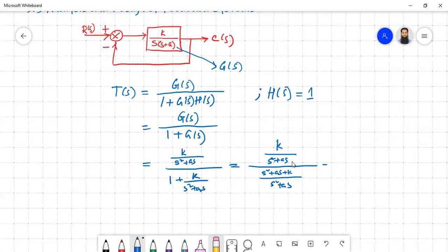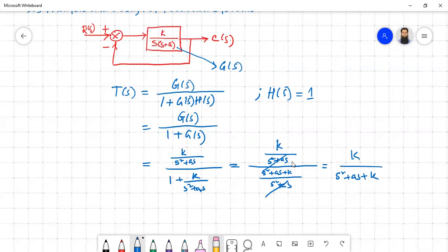You can cancel the common factors from both the numerator and the denominator. What we get is K by S squared plus AS plus K.